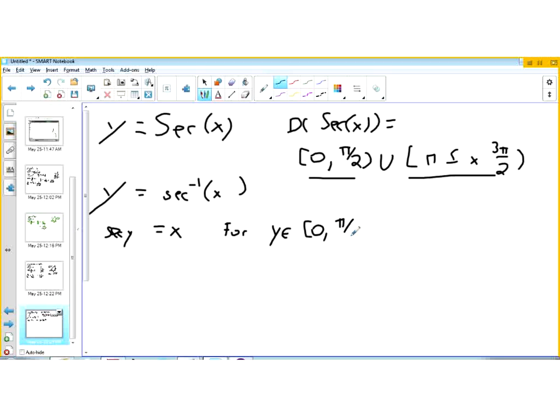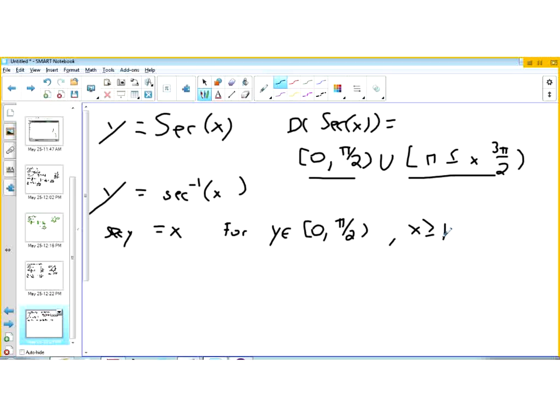Remember, we flipped the domain and the range, so this is now the domain of the inverse secant function. So when we're on this interval for the arc secant function, x is greater than or equal to 1.